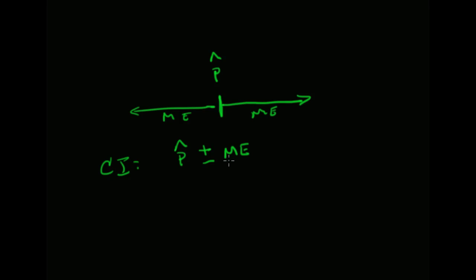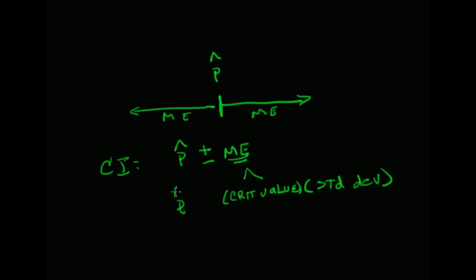This margin of error, though, is broken into two components, and they multiply together. There's a critical value, and there is the standard deviation, and they get multiplied together.